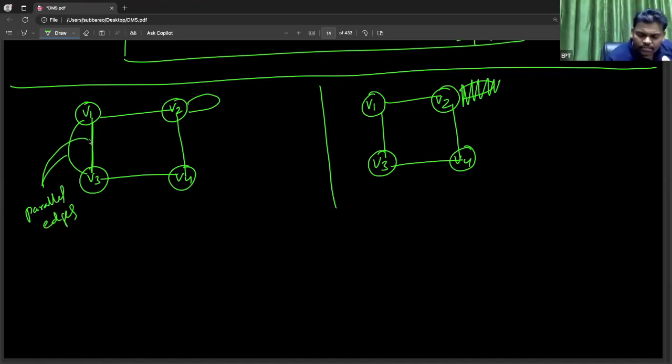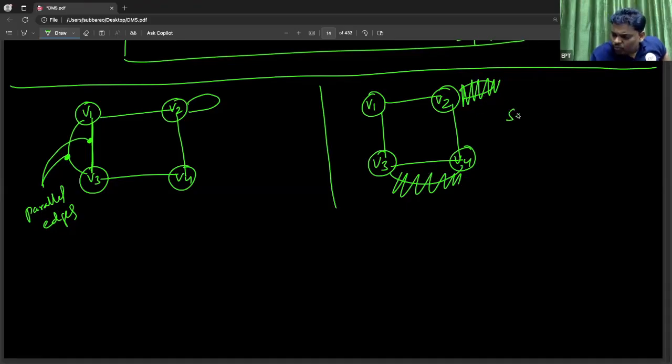In this graph, parallel edges are not there.